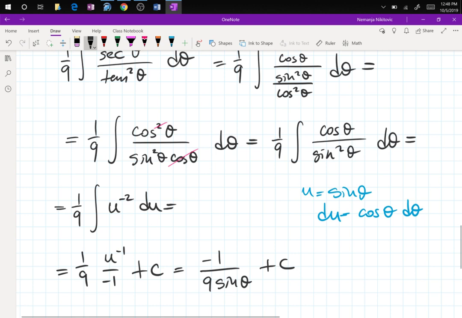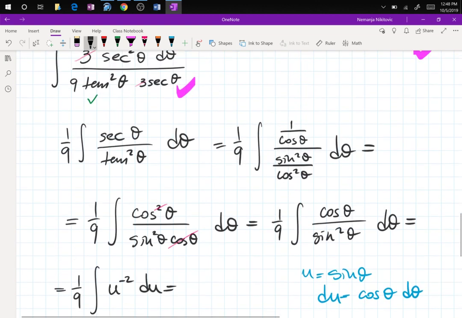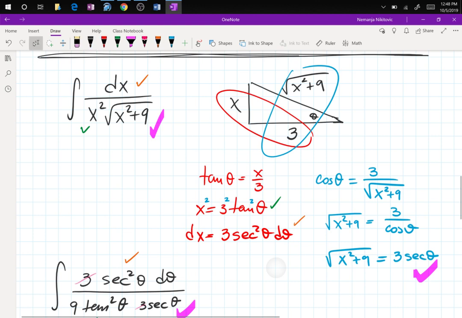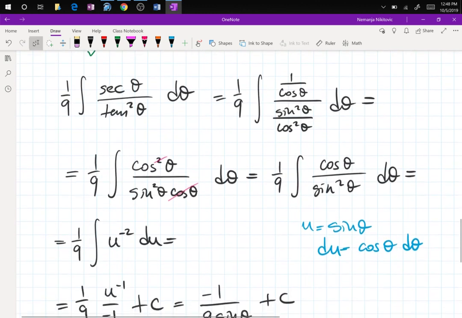Are we done? No. Why not? We have to go back to x. There we go. So you need to read the sine. What's the sine from the picture? Sine is going to be x over 3. That's the tangent. X over square root. X over square root. Beautiful.